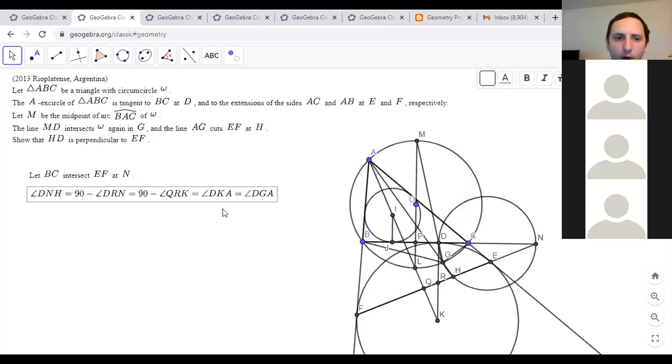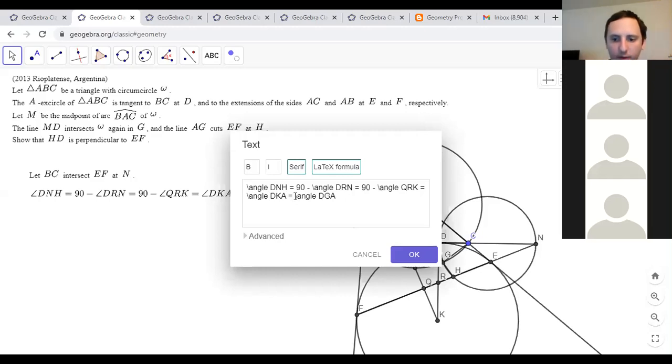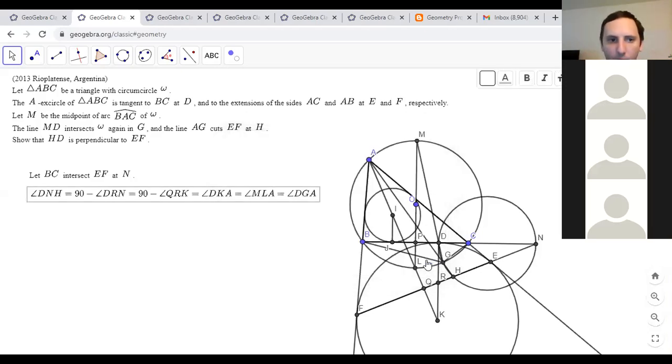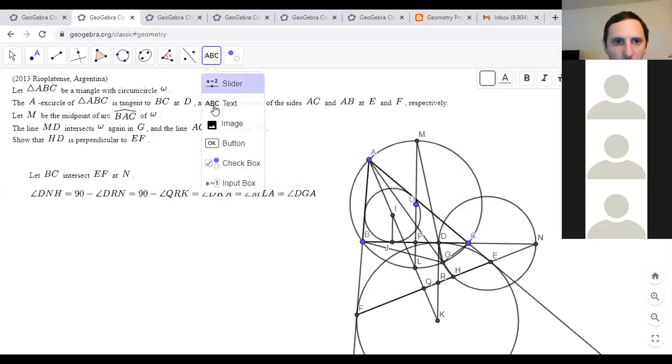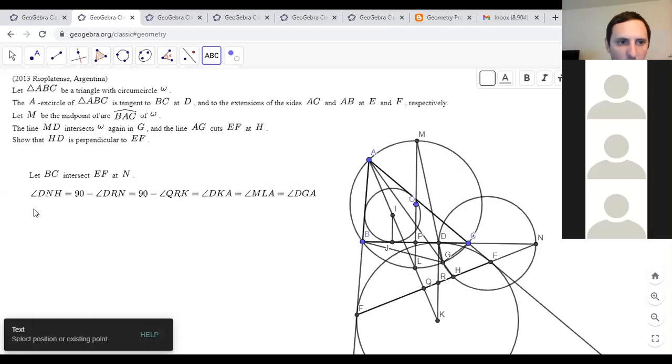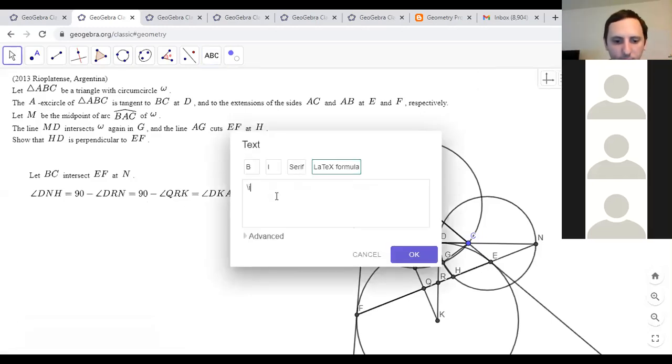But that's DKA, which is DGA. So that means that DGHN is cyclic.